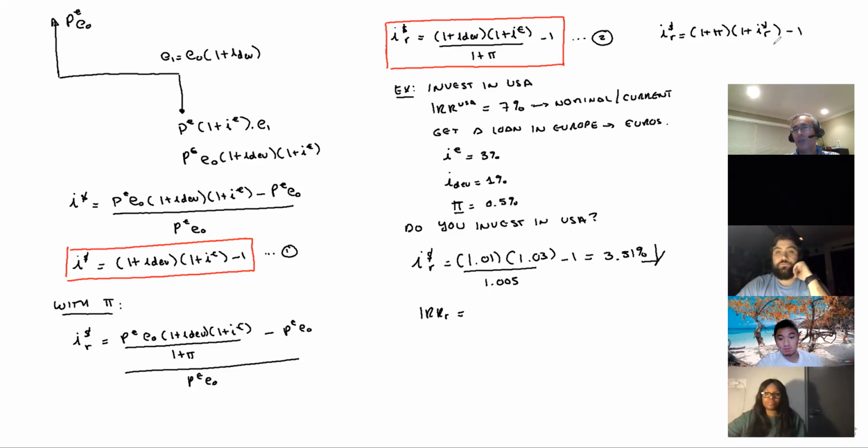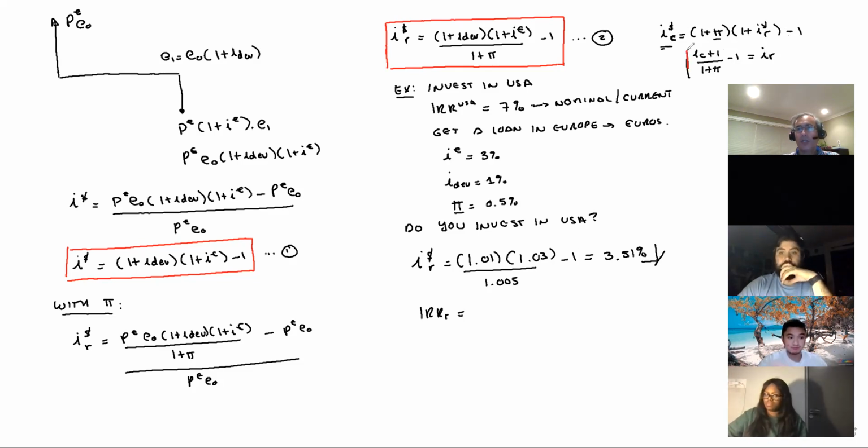Agree? So I have this one here. This is current, nominal. I need to find this one here. This is going to be 1 plus the IRR, divided by 1 plus pi, minus 1, correct? This is my real. Do you agree with me, guys?